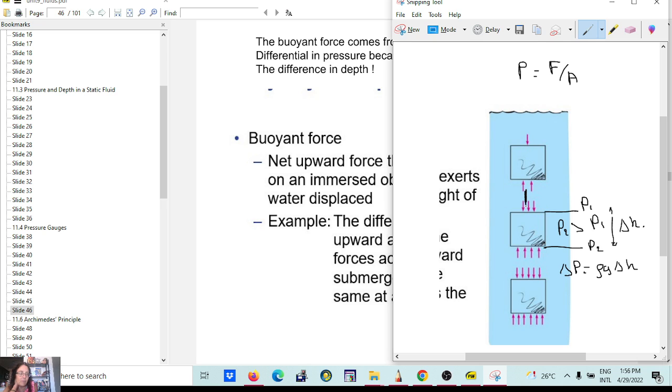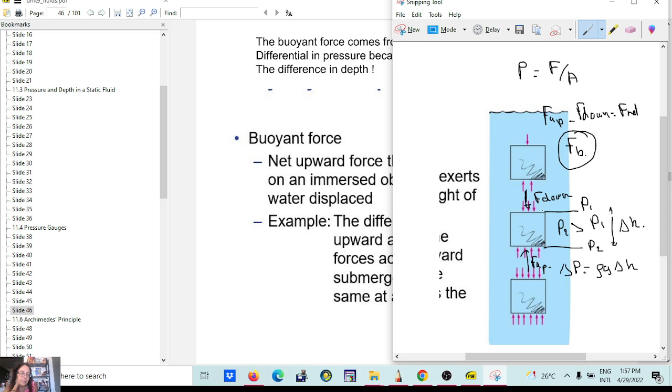Okay, so total force here will be F down, and you have a total force here, F up. So F up minus F down is going to be your net force, and that will be the buoyant force.